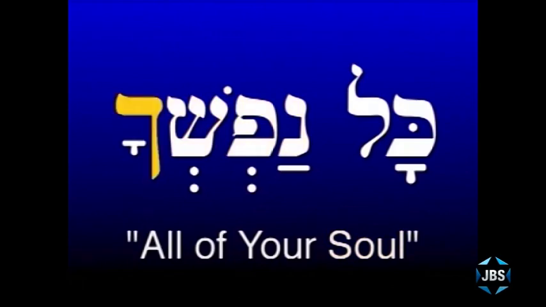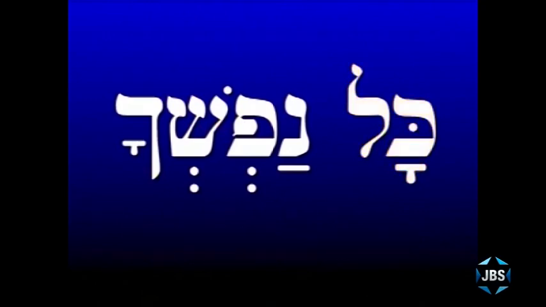If you add a final chaf at the end of a word, it's like adding the English pronoun "your" to the noun. So nafshecha becomes "your soul." And if we put the word for all in front of nafshecha, making the English phrase "all your soul," the kamatz under the kaf is not pronounced as a patach "ah," but retains the "or" sound because kol is really a closed syllable.